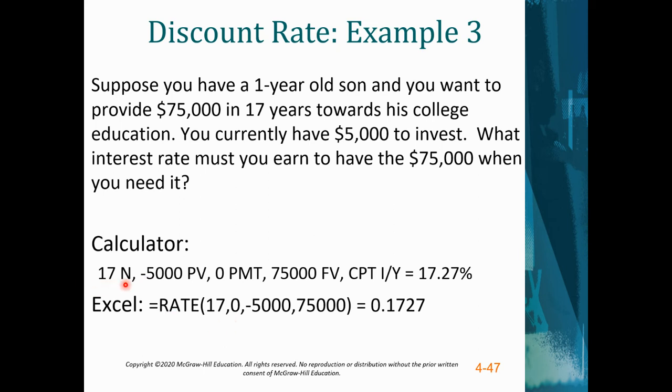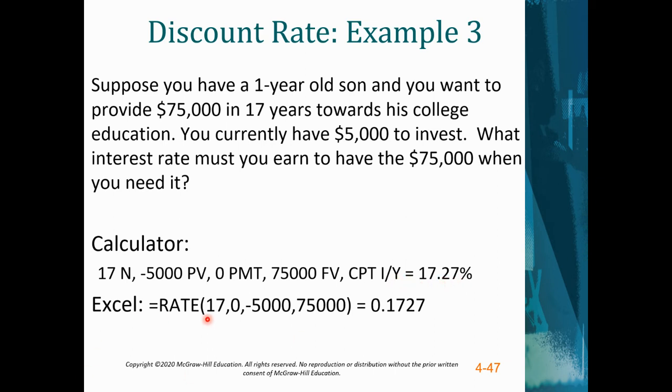With the calculator, 17 and enter. The present value is negative 5,000, because this is my outflow. PV, enter, 0 PMT, enter. Of course, that's the default, I don't have to do that. My future value is 75,000, so 75,000 FV, enter. And then I hit compute I/Y, and it should give me 17.27.